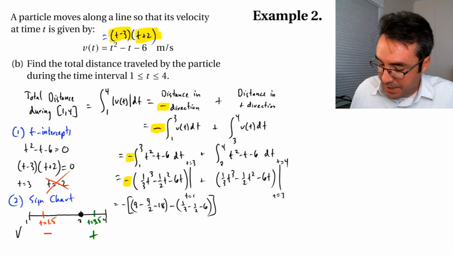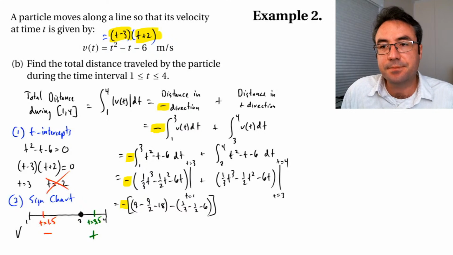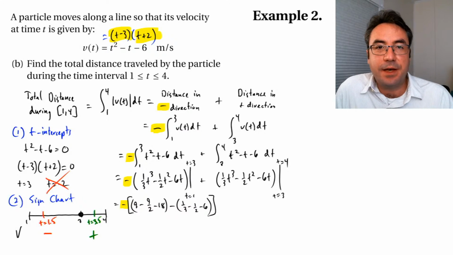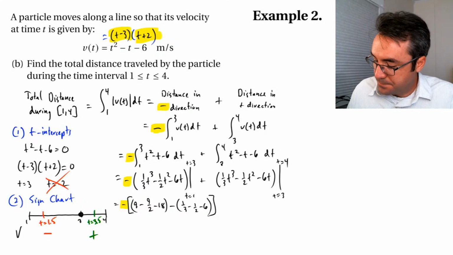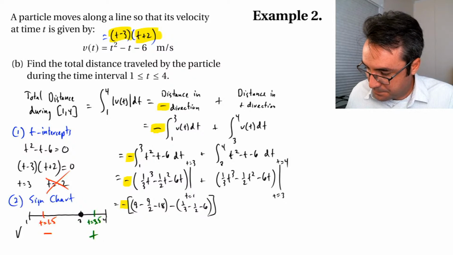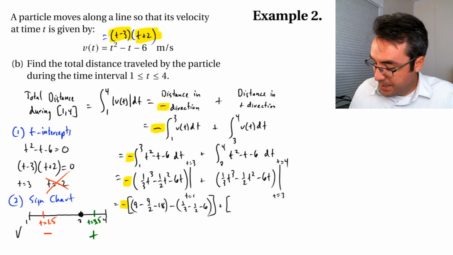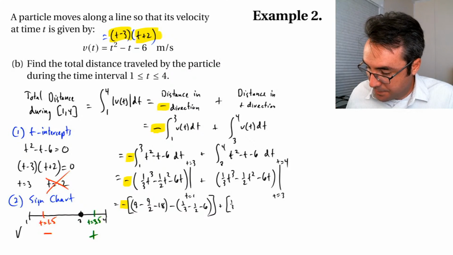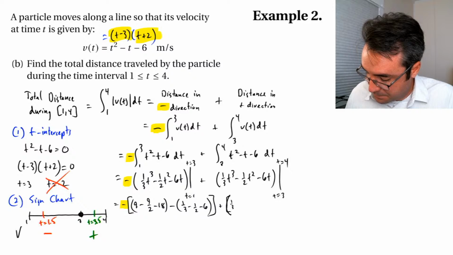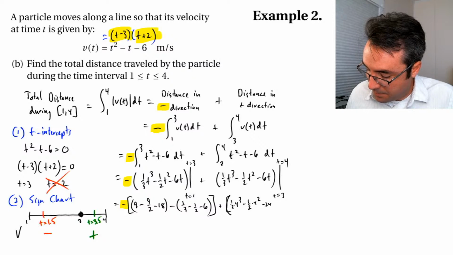And don't forget about the negative that's in front there. And then let's evaluate that second part. And so for this, we end up with 1/3 times 4 cubed minus 1/2 times 4 squared minus 24.